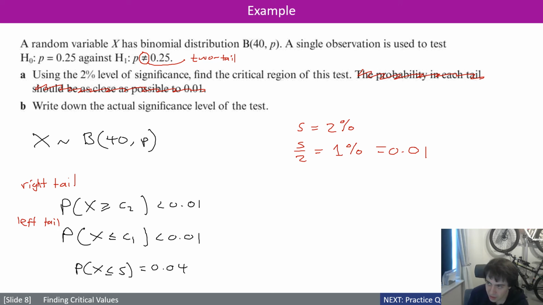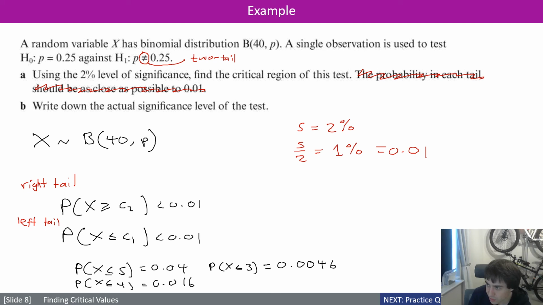Okay, too big. Let's try less than or equal to 4. I get 0.016, still too big. Let's try 3. And I get 0.0047, rounded. So that is sufficiently small now, isn't it?